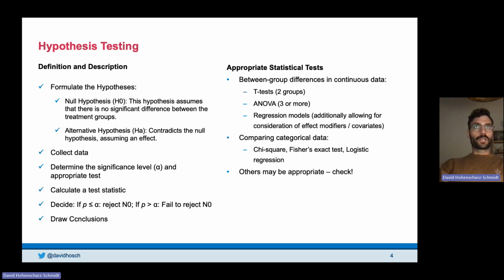When you're comparing categorical data, you're looking at chi-square tests, Fisher's exact test, or logistic regression. If you come across a statistical test that isn't listed here or that you don't know about, it's best to go and check how that is linked to the data, whether that's appropriate or not.